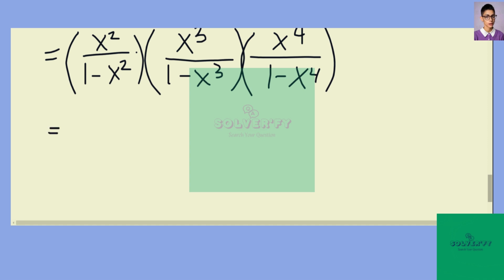And this is equal to, factoring out, we get x squared times x cubed times x to the 4th. This is 2 plus 3 is 5 plus 4 is 9 times, and here it's a little bit tricky.